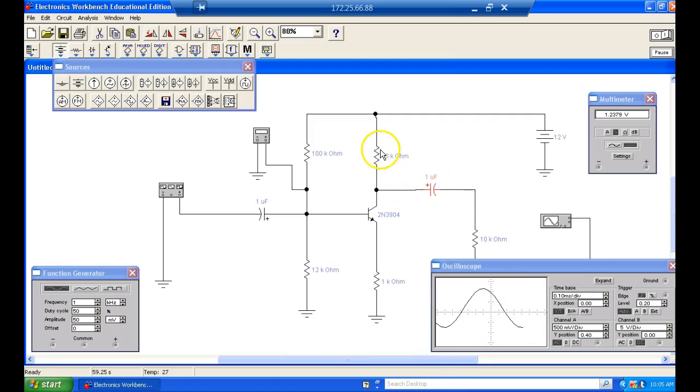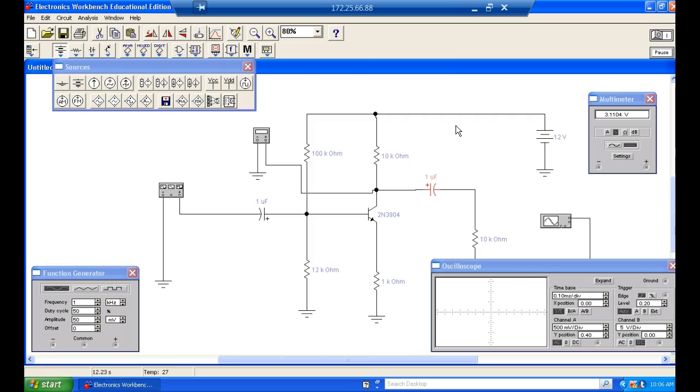So that means this guy here is dropping both this current and that current. So my collector voltage is going to go down. So it's down to 3 volts. Of course, the bigger that is, the higher it's going to be up, but it's going to be a lot smaller than what we expect.